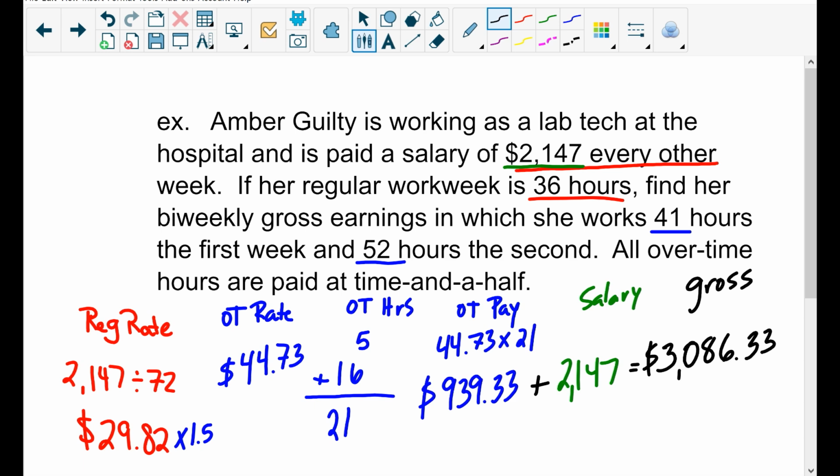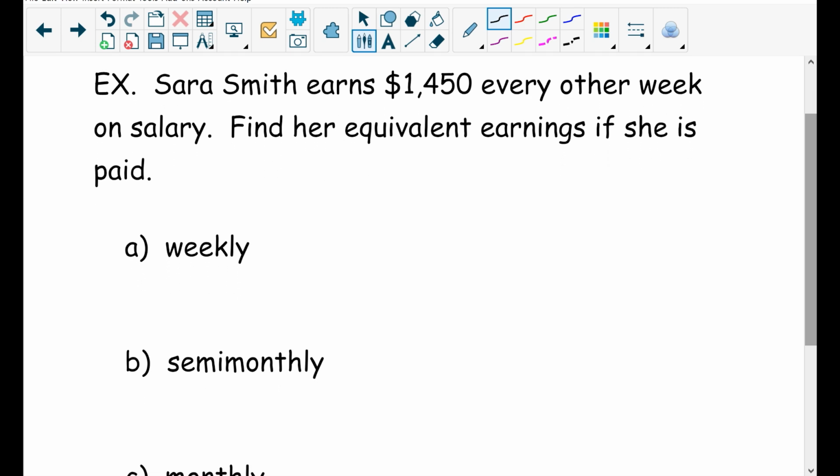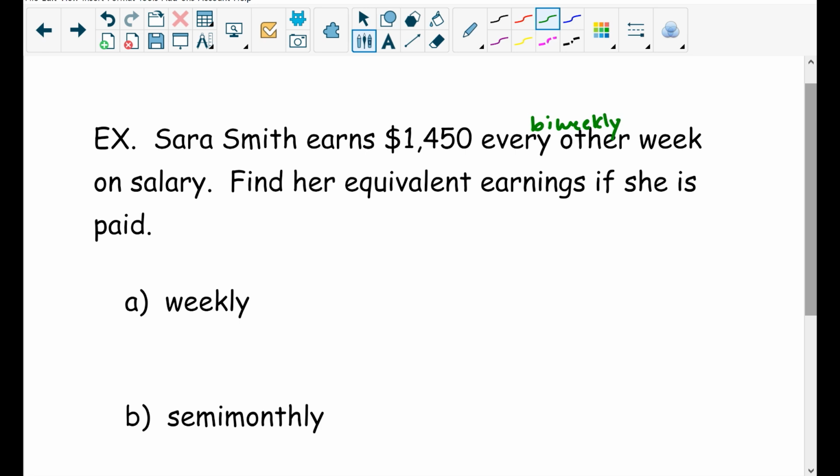All right, so last example then, similar to what we did on the back of the worksheet yesterday. Sarah earns $14.50 every other week, so this is bi-weekly. How many pays in bi-weekly? 26.